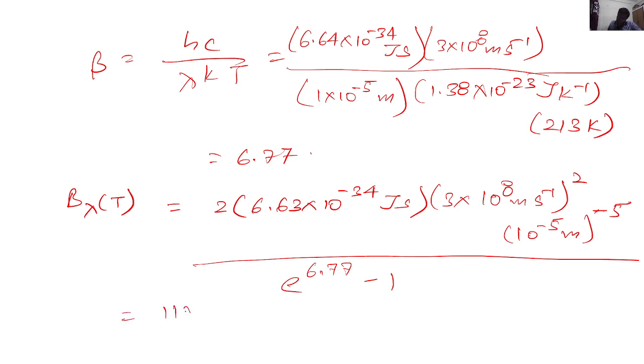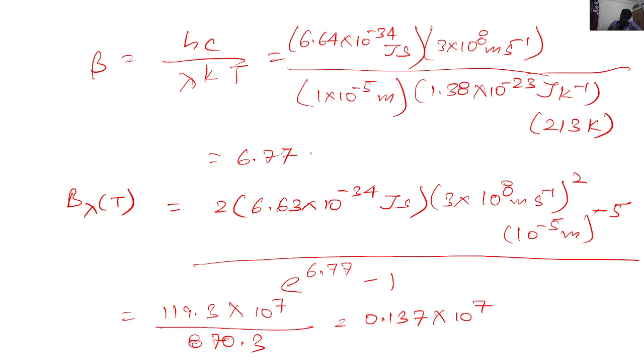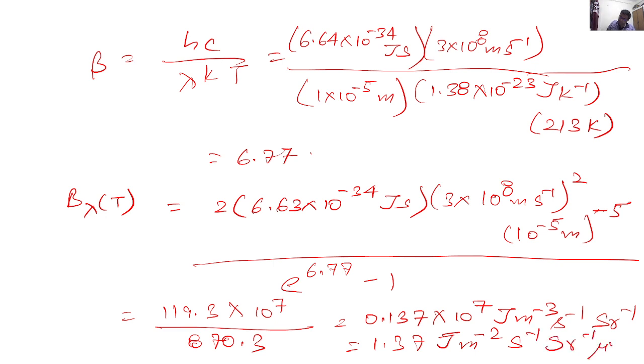So it is 119.3 into 10 power 7 by 870.3, which is equal to 0.137 into 10 power 7 joules per meter cube per second per steradian, or 1.37 joules per meter square per second per steradian per micrometer, because usually that is what we write. Joules per second can also be written as watts, by the way. So this is the fundamental unit.